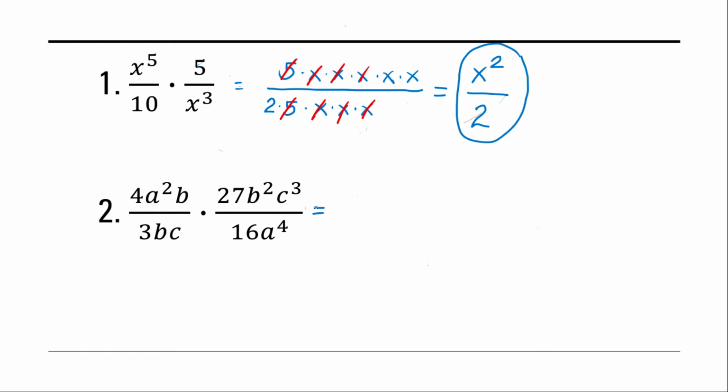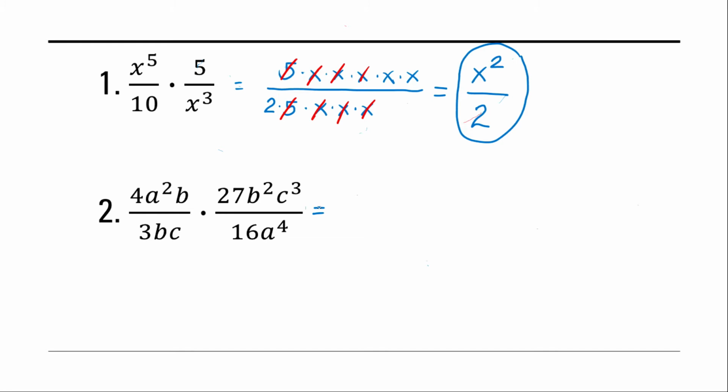So, let's try example number 2 for a squared b over 3bc times 27b squared c cubed over 16a to the 4th power. So, when we multiply the numerators and when we multiply the denominators, kukunin na rin natin yung mga prime factors so that we can easily cancel out common terms.